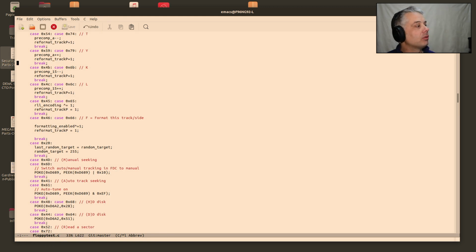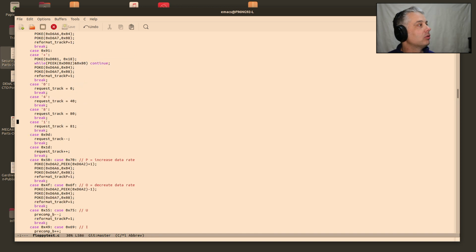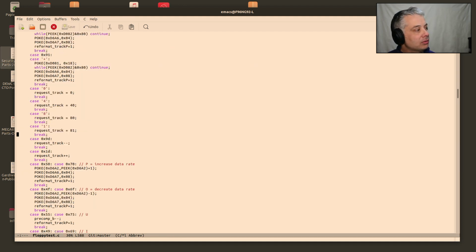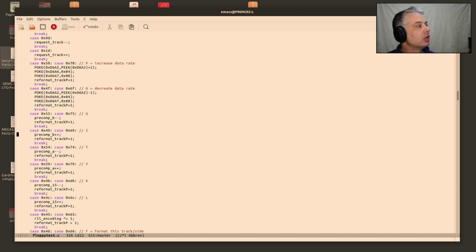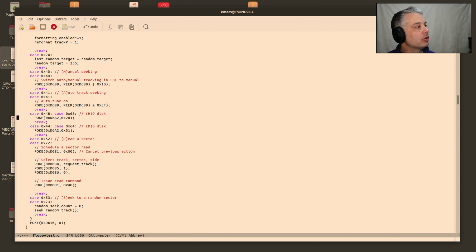What have I got? I've got all sorts of commands in this mode. Plus and minus changes the track. Decrease rate. We don't want auto tune. HD disk, DD disk by default.